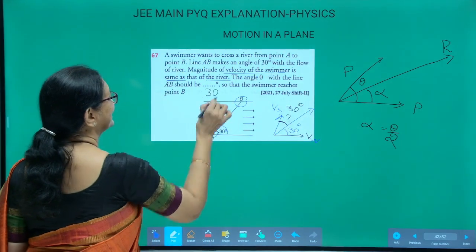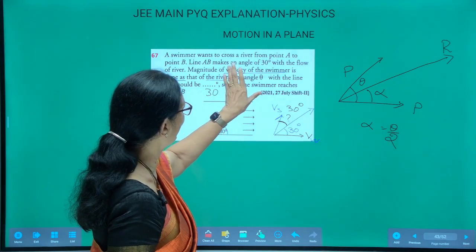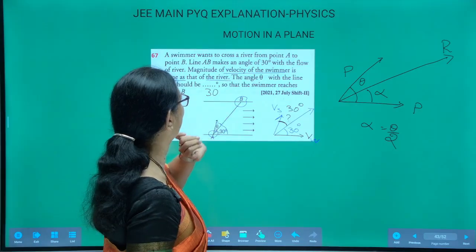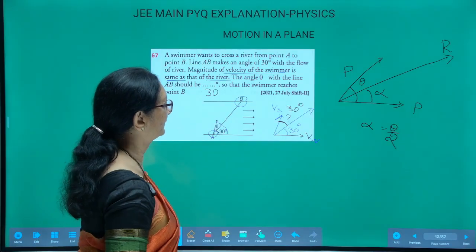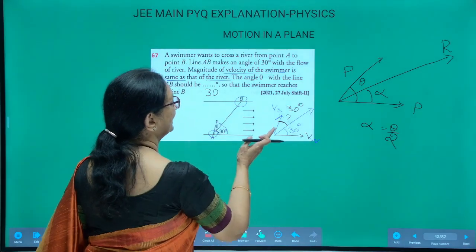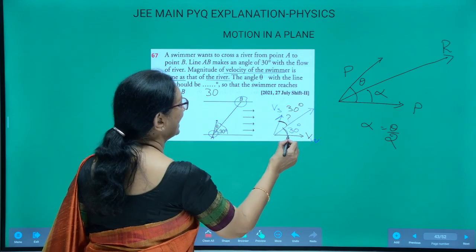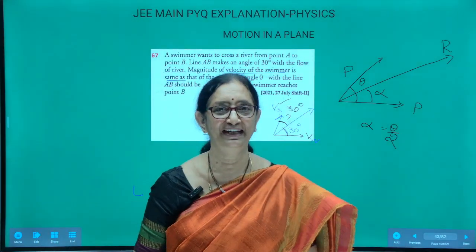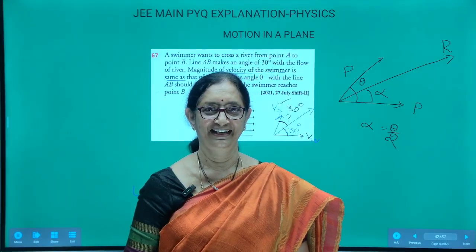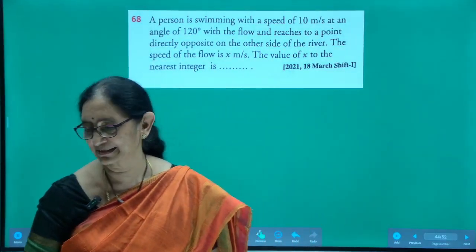So, answer is 30 degrees. See, if you just understand the importance of that sentence, magnitude of velocity of swimmer is same as that of water, then the resultant exactly makes same angle with both of them. This angle is given as 30, this angle will automatically be equal to 30 degrees. Okay, that is actually from parallelogram law of vectors.